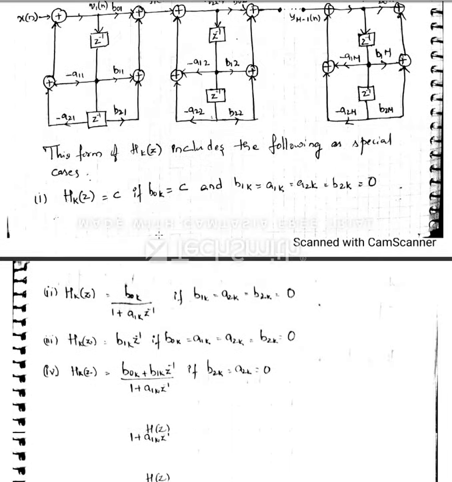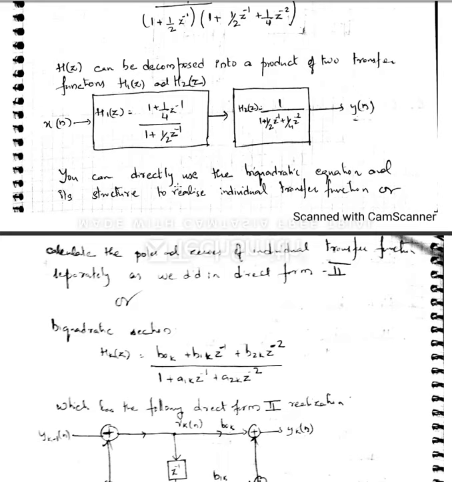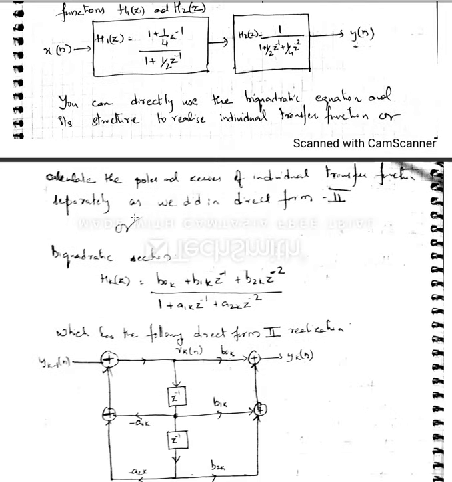Okay, all right. Here I have written that you can directly use the biquadratic equation and its structure to realize the individual transfer functions, or you can calculate the poles and zeros separately, exactly as you have done. If you want, you can calculate separately for these two different equations.